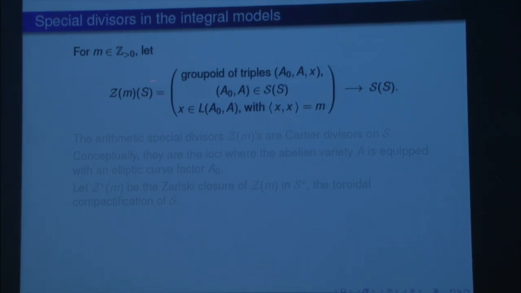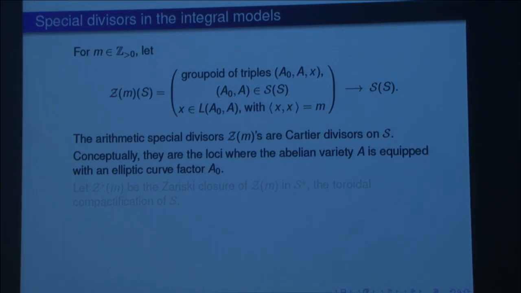This would define some sort of a cycle, and it maps to S, and this is a finite unramified morphism. So you can morally think of it as simply a divisor inside of S. And these are some kind of analogs of, say, Hirzebruch-Zagier divisors, et cetera. So these are Cartier divisors on S.